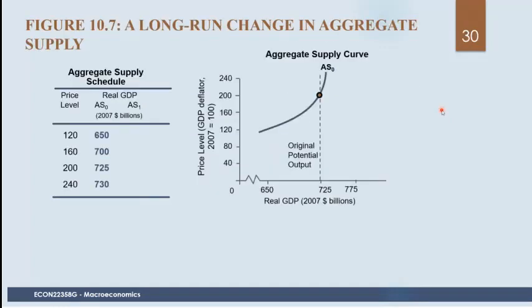So here is an illustration where, at that point that's indicated there, the short run aggregate supply curve is exactly equal to the potential output.